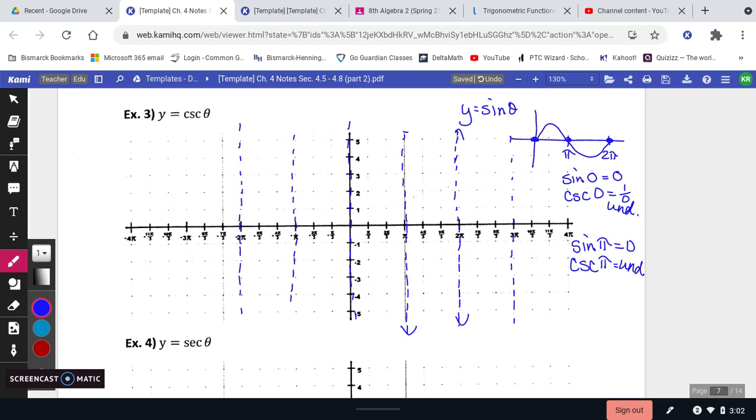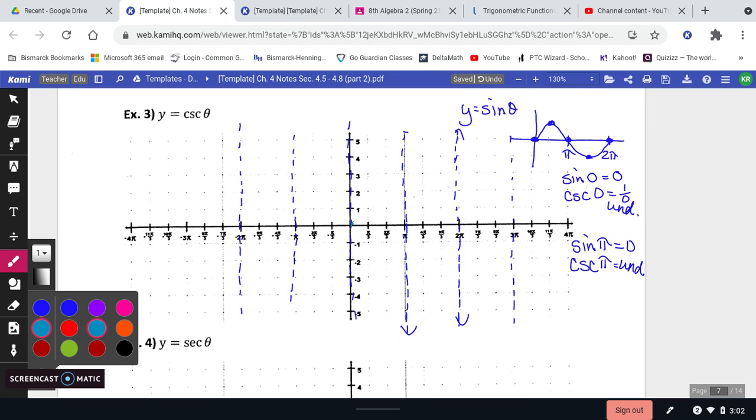Now, the other thing that happens is wherever you have a high point on a sine curve, there is going to be a low point on the cosecant curve. Everywhere you have a low point on a sine curve, you're going to have a high point on the cosecant curve. So you can go through and plot points. Again, I'm going to piggyback off of a sine curve.